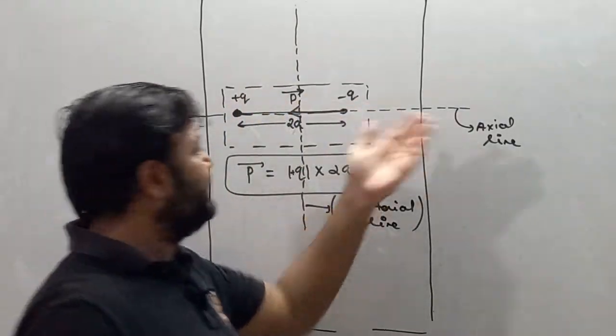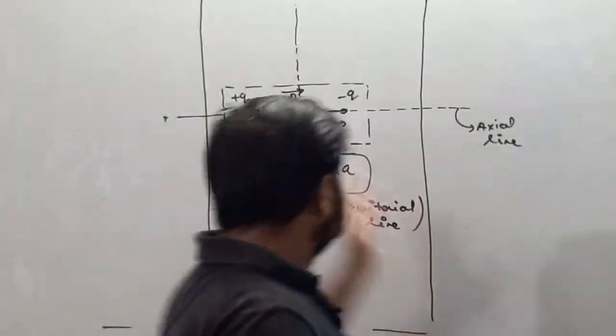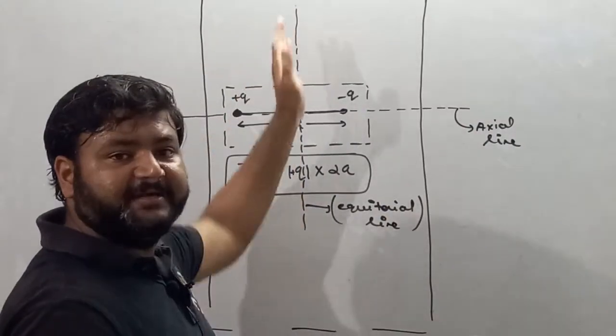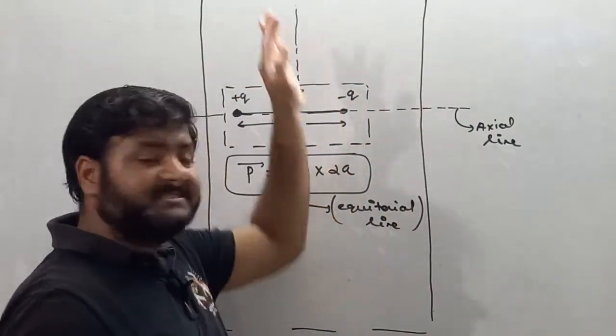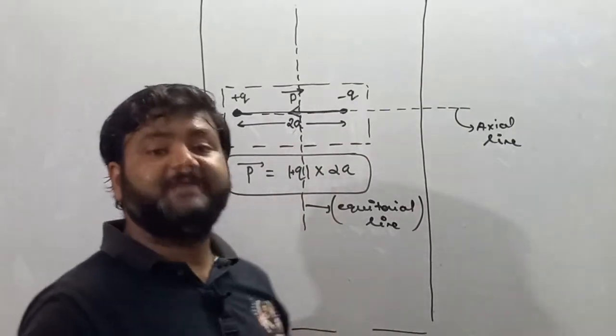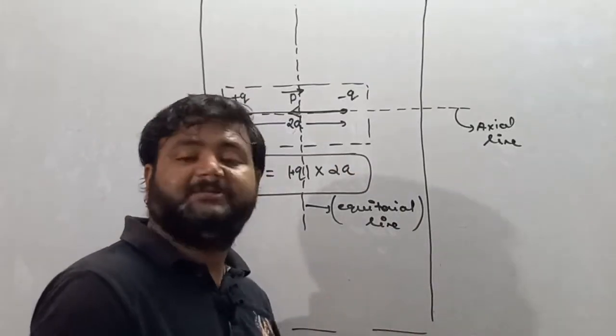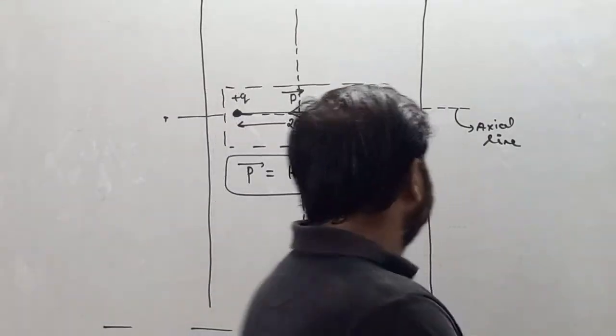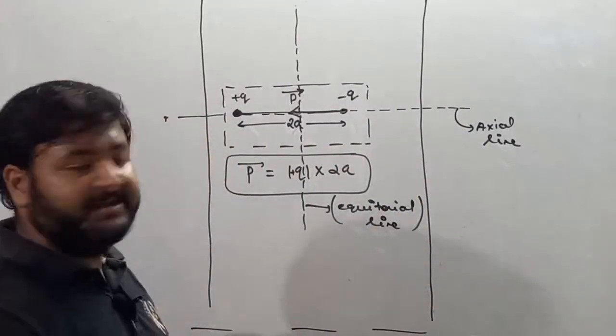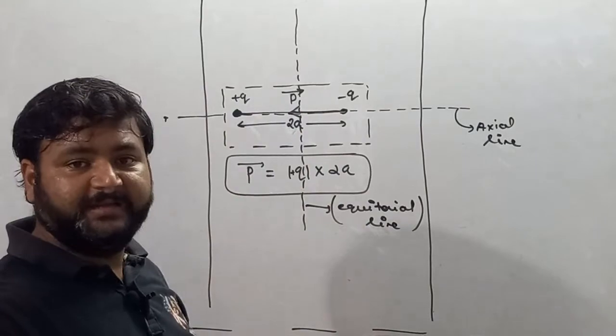Remember this thing, lines are defined with respect to the dipole moment, and we'll find the electric field along the axial line as well as on the equatorial line.